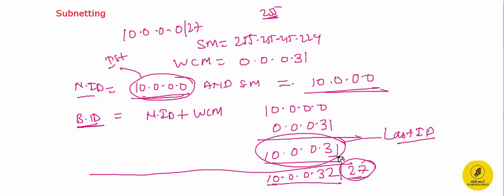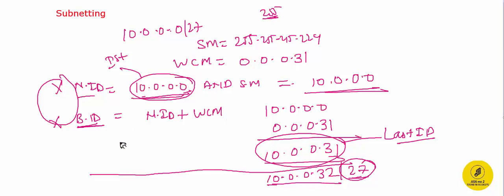It looks like a very simple calculation, so we get approximately 32 IPs. But wait, you cannot use the network ID and broadcast ID as usable IPs. Always exempt the network ID and broadcast ID from the usable IP range. So you get 30 usable IPs here.